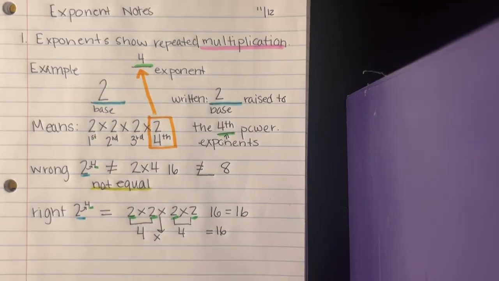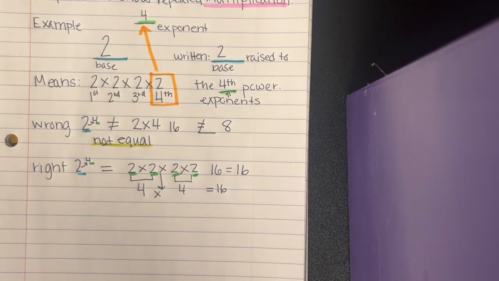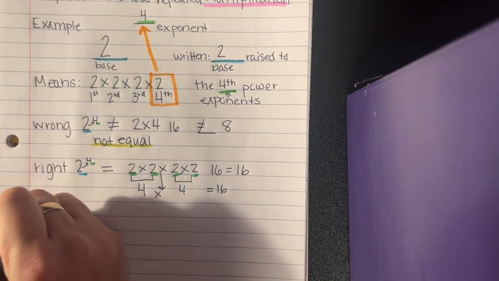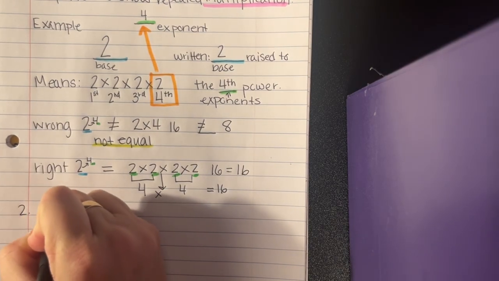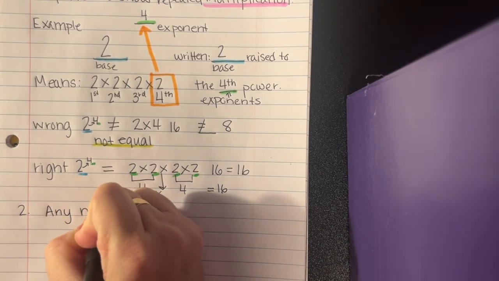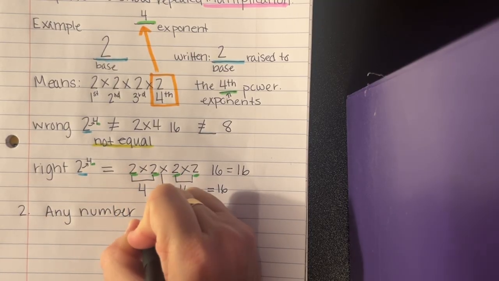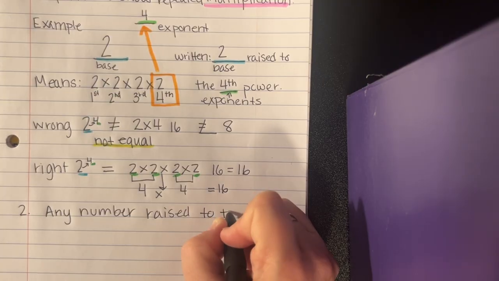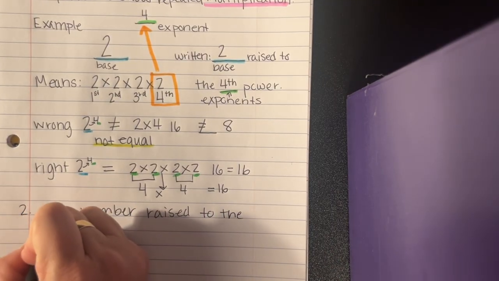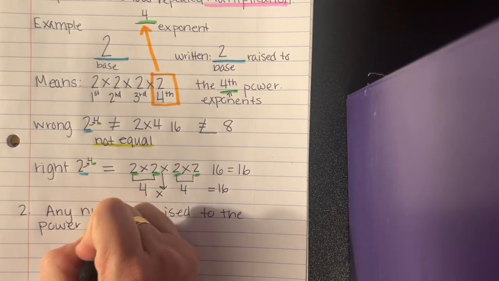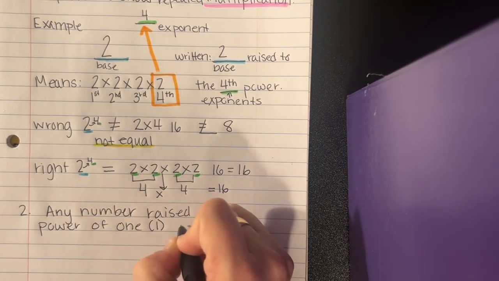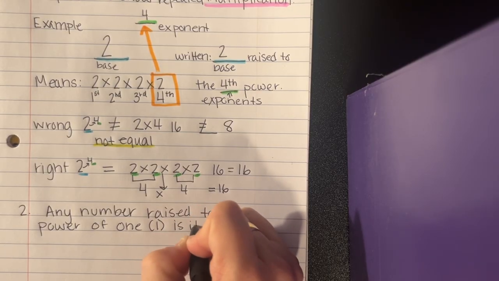Another note that we have to talk about is what if a number is raised to the power of 1. So we say any number raised to the power of 1 is itself.